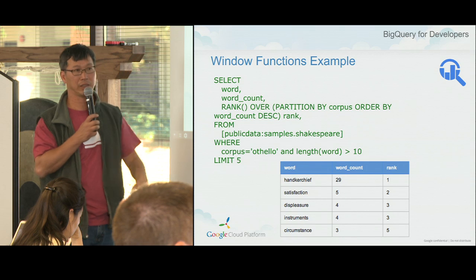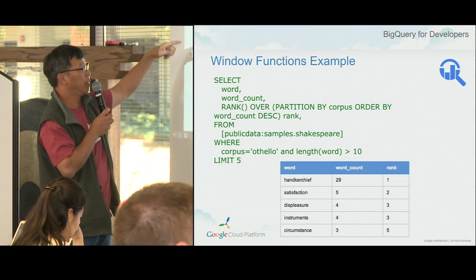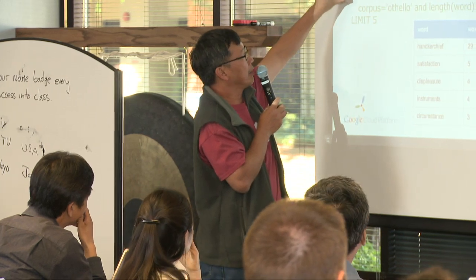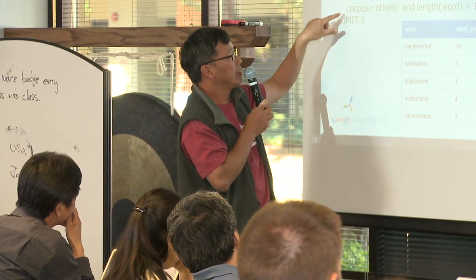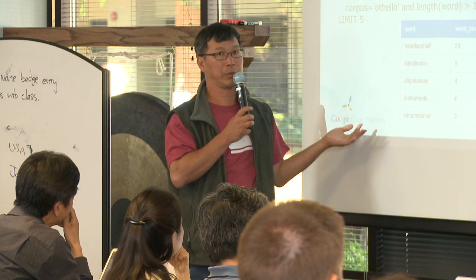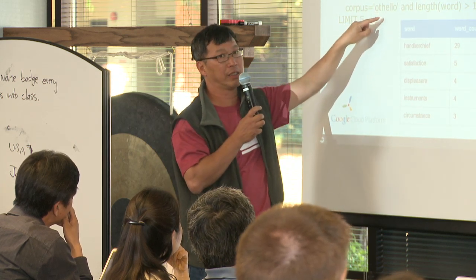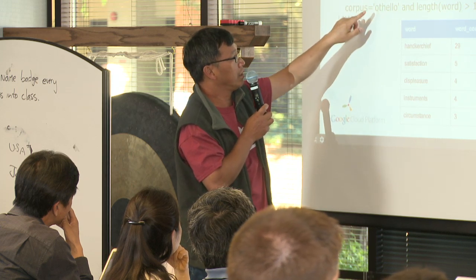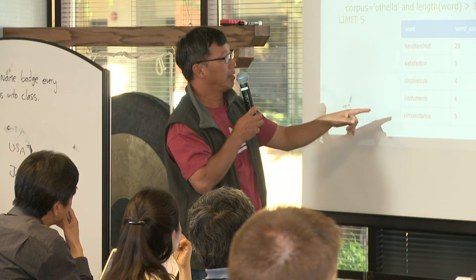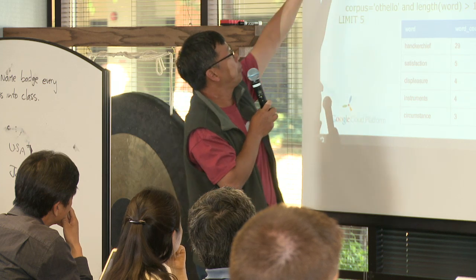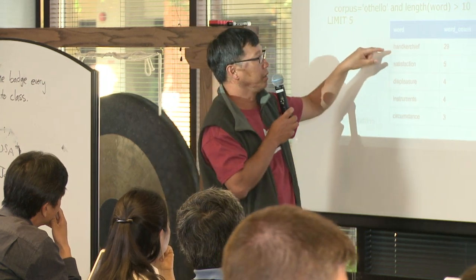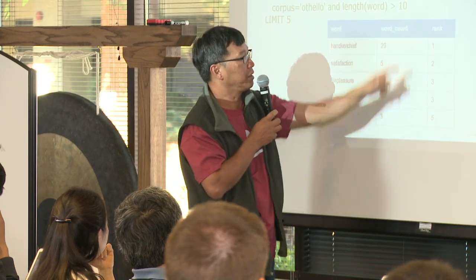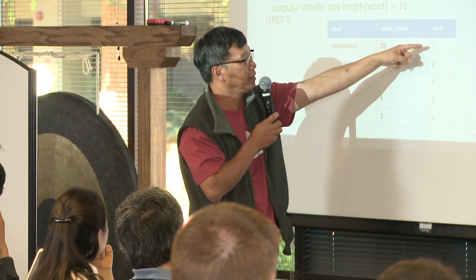in his high school. So if you change this select statement, because in this select statement, in the where condition, I basically filter out all other Shakespeare works, and I'm just including Othello. So if I remove this corpus condition from the where clause, and then add the corpus here, and run this query, what you would see in the result set is the word handkerchief, the word count, and then the corpus Othello, and so on.